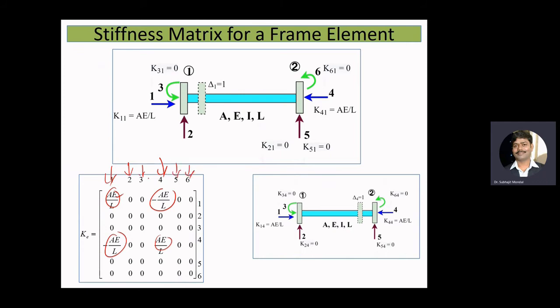So the second column is corresponding to the second degree of freedom, that is your transverse displacement, and the fifth column is also corresponding to transverse displacement on the other node, and your third degree of freedom is corresponding to the rotation here, and the sixth degree of freedom is corresponding to the rotation.